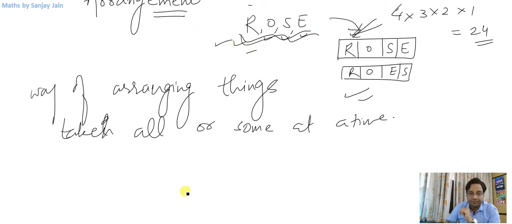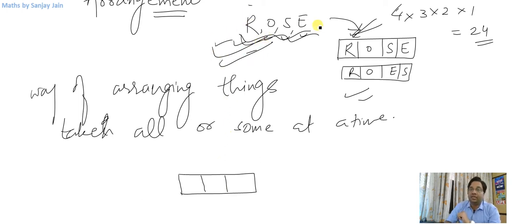Now, I could have given you this question, that I want only three letter words, and you have to use the letters of this word ROSE. So if you have to form three letter words, then the first place could be filled in four ways, second in three ways, and third in two ways.